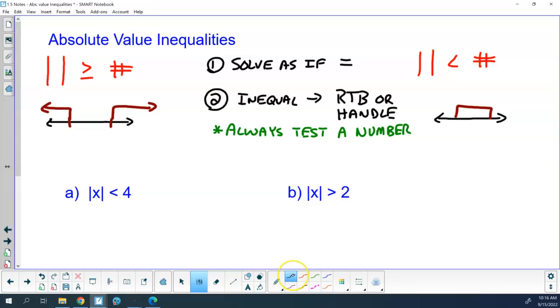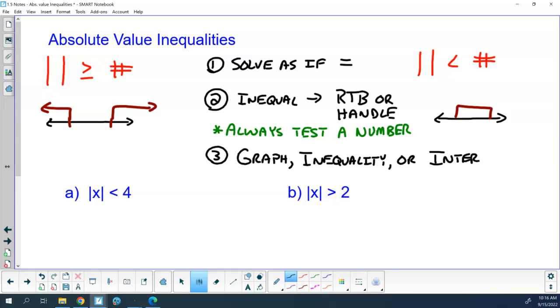Then, depending upon what your answer is looking for, you can give the graph, you could give the inequality, or you could give the interval, depending on what the question is asking.